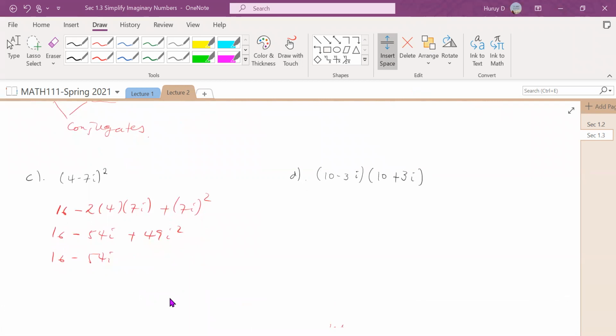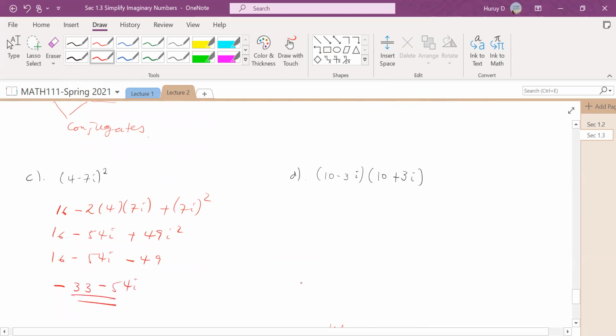Okay, sorry about that. And this is 49. i squared is −1, so this becomes just −1. So we can replace this one. Now we have two real numbers, so we can subtract, 49 minus 16, and that would be 33 minus 56i.